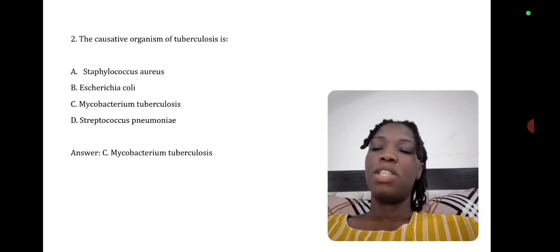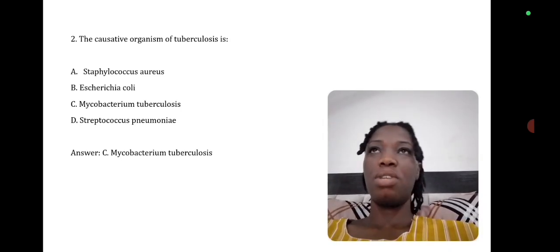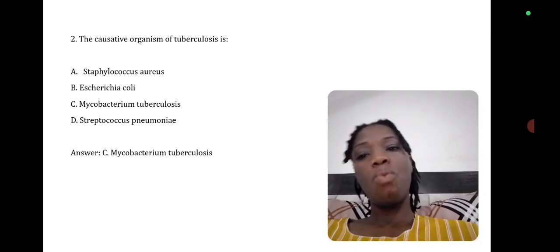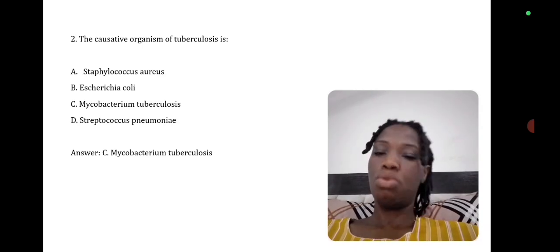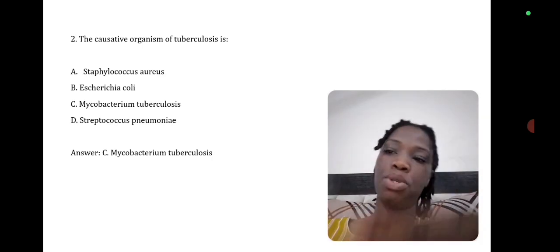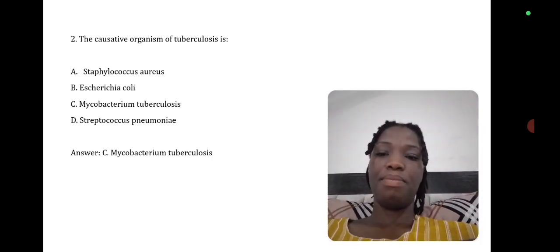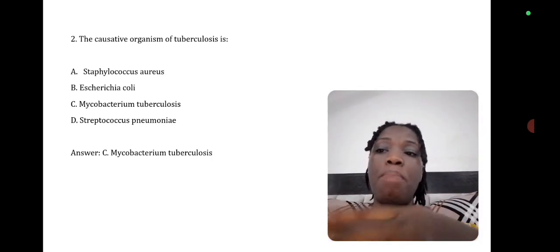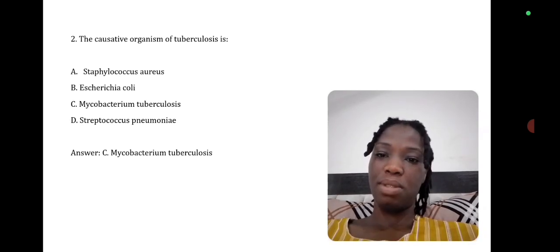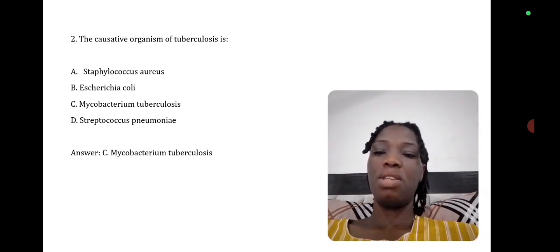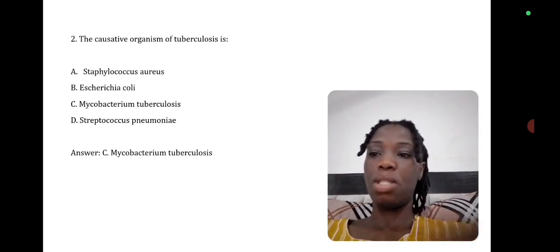Question 2. They say the causative organism of tuberculosis. Causative organism is the organism that causes a particular disease. They say which one causes tuberculosis? From the options, you see that it is C, because it's stated there already. Mycobacterium tuberculosis. That is the causative organism of tuberculosis.